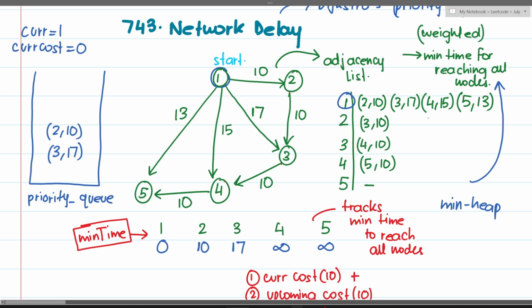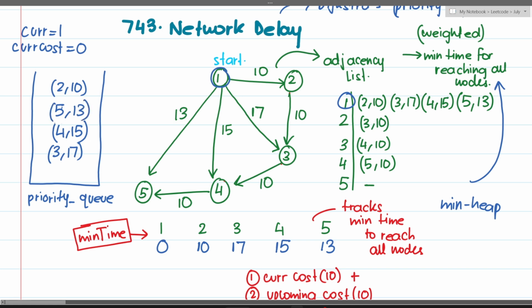Makes sense. So over here I can visit 4 using a cost of 15. So I'm going to make that change, and it's going to be in between both of these nodes. So let me make some space over here. 4 comma 15, perfect. And then I can visit 5 using a cost of 13. So 13, and it's going to be between 2 comma 10 and 4 comma 15.